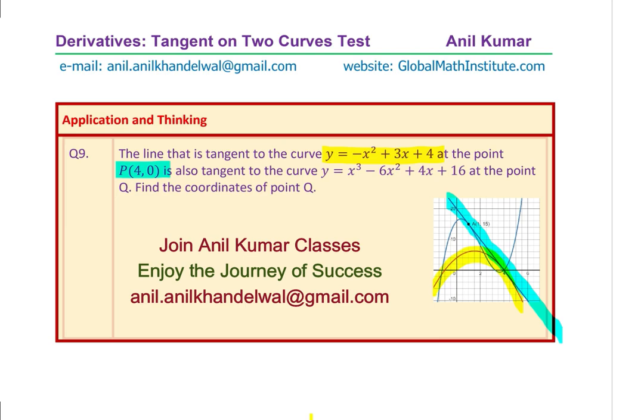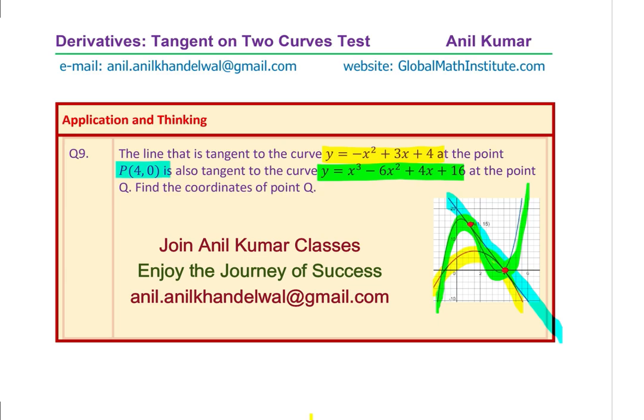And the other curve, which is the cubic function for us, is this curve. You see that? And the point of interest here is the point P, which is (4, 0). The tangent is also tangent to the curve of the second line, at (1, 15).